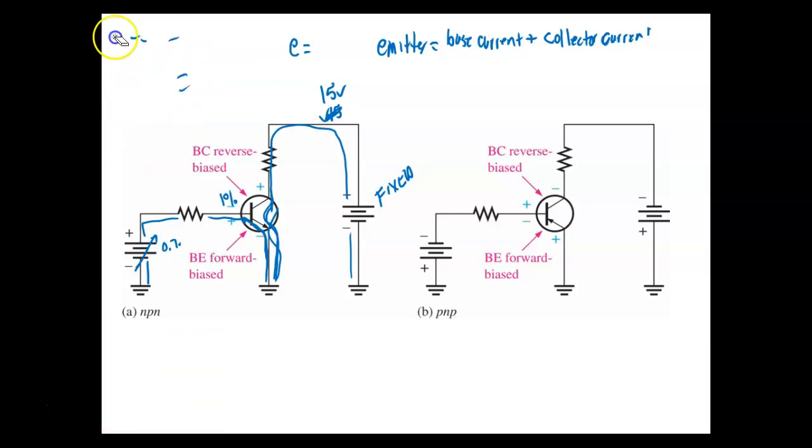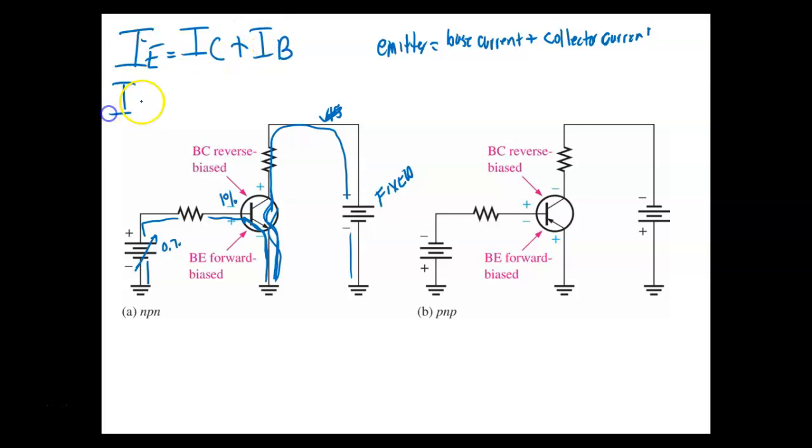Let me make it bigger so y'all can see it a little better. So IE would be emitter current, right? Is equal to IC plus IB. Then what would IC be equal to?